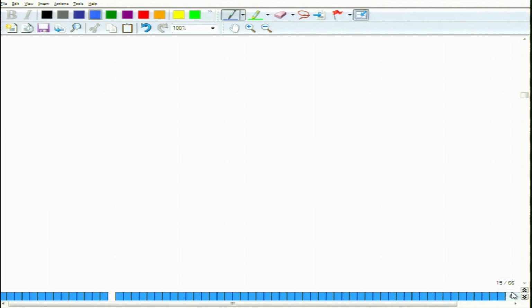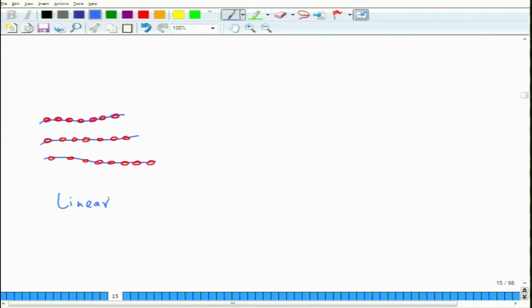And if you want to see the chain configuration, a linear one is like this. You have these molecules sitting across like this. If I maybe use a different color, these are linear molecules, and so these are linear, okay.